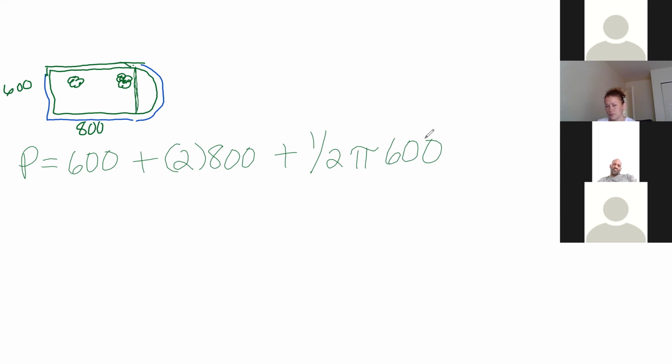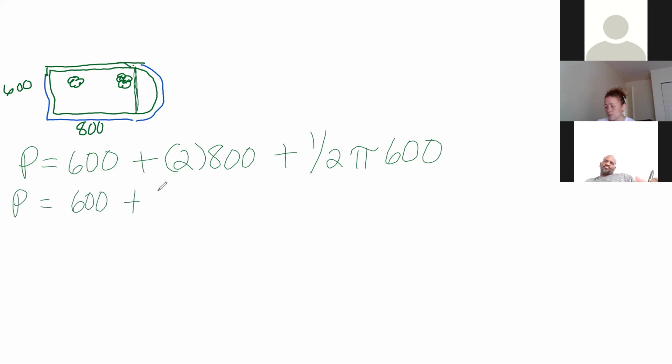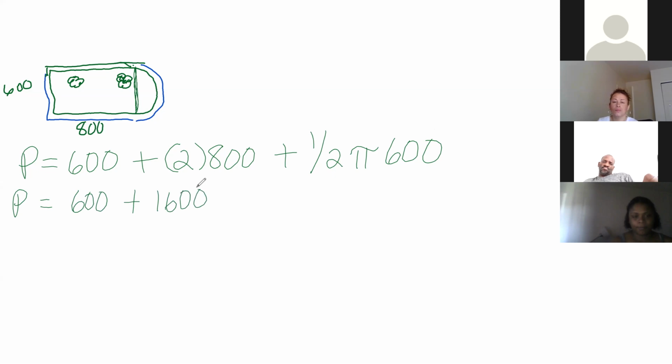So first you're just saying you're going to do the 2 times 800, which you don't have to do this way. You could have added it up because it is perimeter. But either way, you're saying that the rectangle is 600 plus 1600. And then 1/2 of pi times 600.